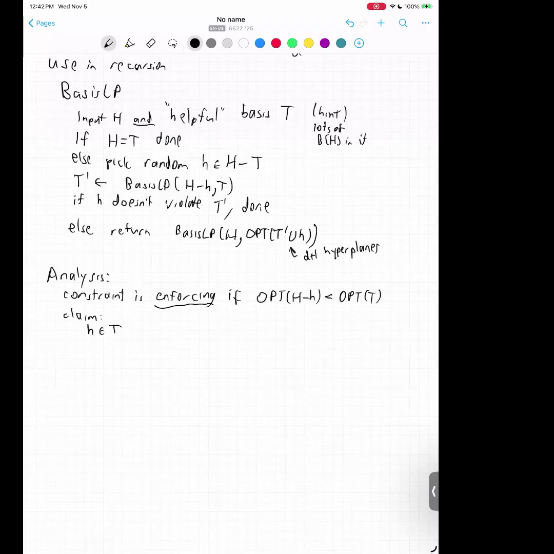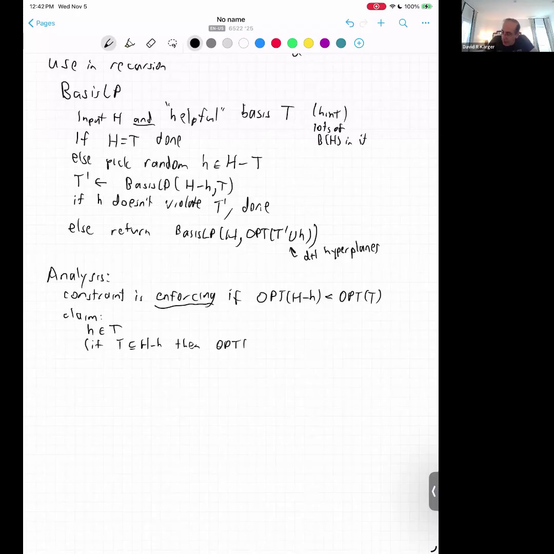Well, if all of T is still in the set, then the optimum can't possibly be better than opt of T. Exactly. If T is part of H minus H, then the optimum of T is better than the optimum of H minus H, because throwing away constraints only improves your optimum, or adding constraints only worsens your optimum. The second claim is only slightly harder to prove.